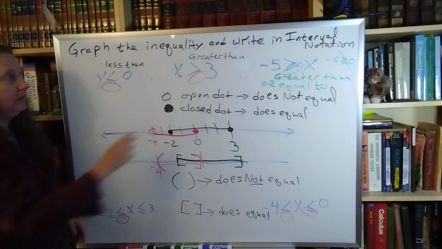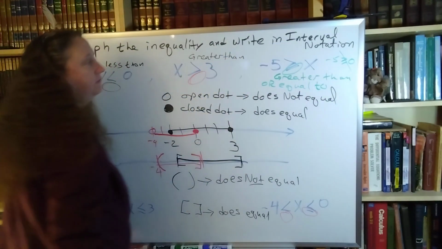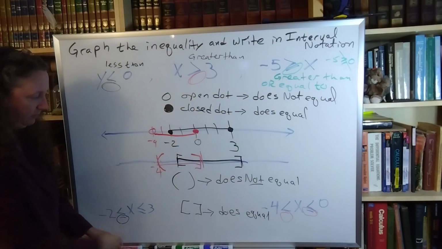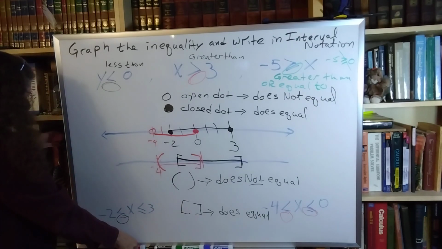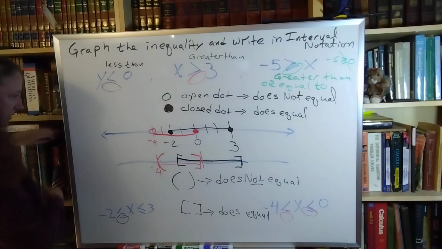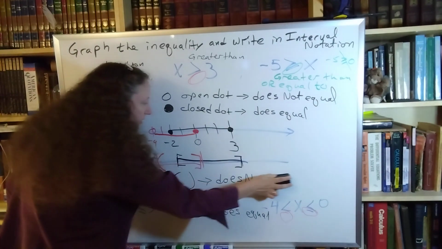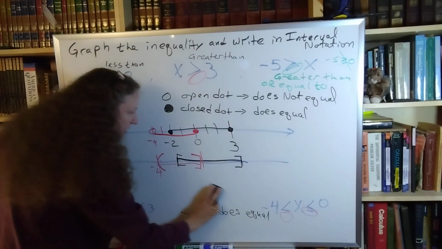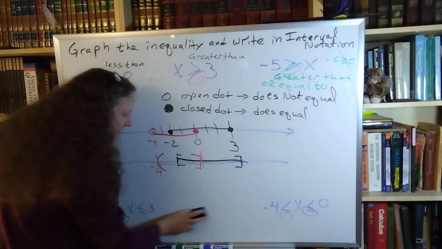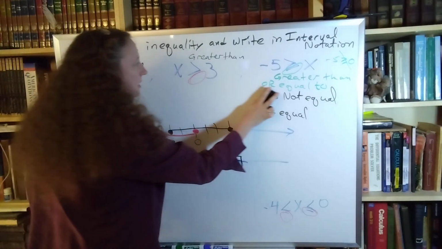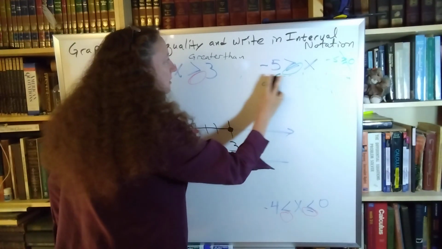Now, the other thing we have to do is write these in interval notation. So I'm going to start with these two down here, and I need to make a little space so I can actually write this. I'm going to do these up at the top too.